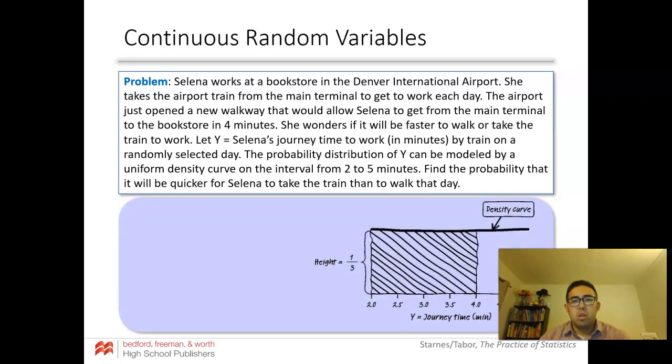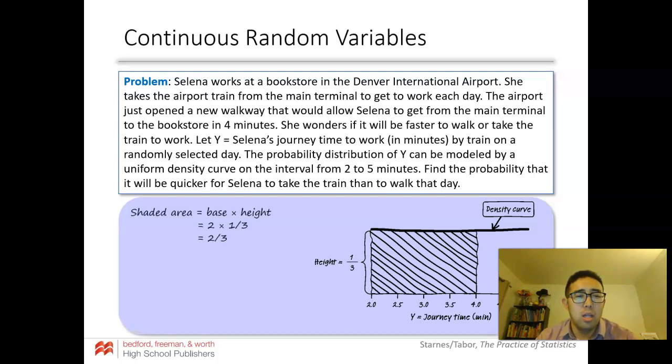Okay, so if you were to draw her distribution, the curve is from 2 to 5 minutes, right? What's the probability that it'll be quicker for Selena to take the train than to walk that day?